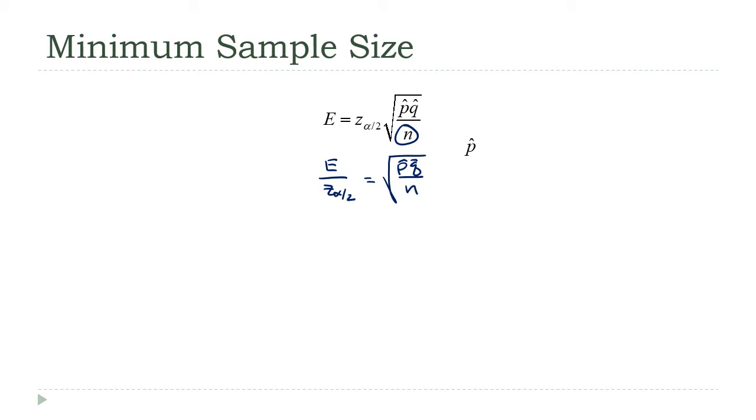Now I'm going to square both sides. p hat q hat over n equals e over z alpha over 2, squared.